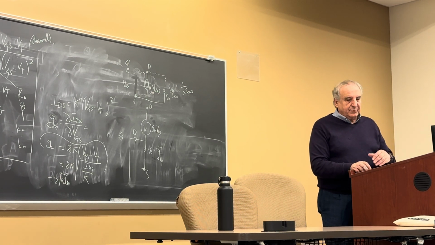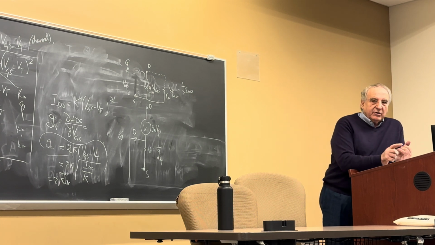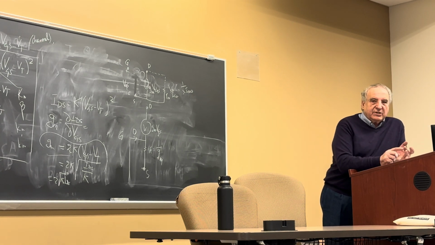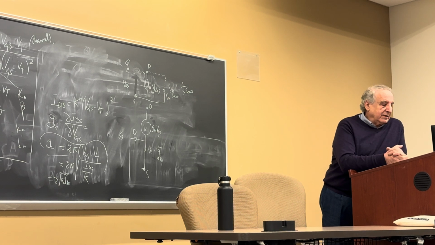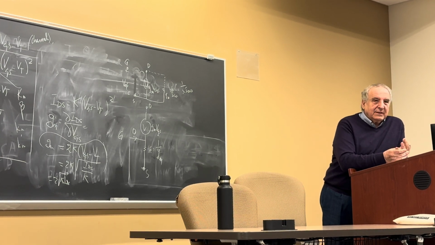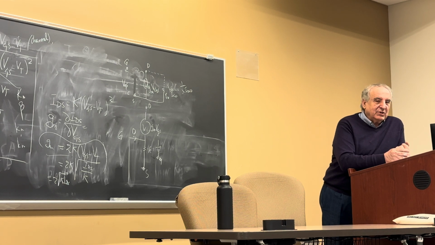The only difference between P channel and N channel is KN, KP, and VSD instead of VDS, ISD in terms of IDS. All you have to do is reverse the currents and the voltages. Sounds like too much right now, but we will get it. Okay, that's enough for today.